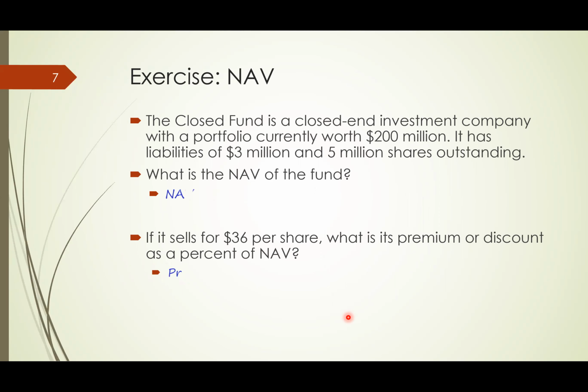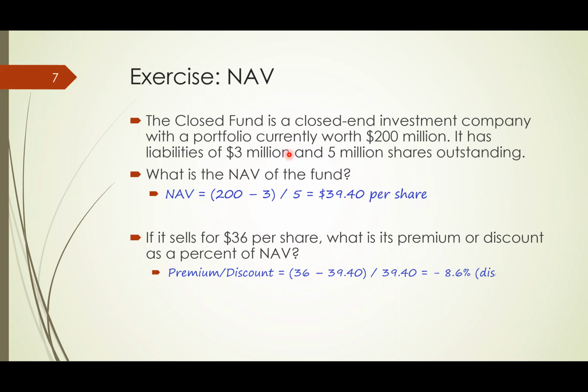In the exercise, the net asset value of the fund is 200 minus 3 liability, divided by 5 million shares, which is $39.40 per share. Because this is a closed-end fund, it sells on the stock exchange for $36 per share, which is below the net asset value of $39.40, which means the fund is selling at a discount, and the discount is $3.40.